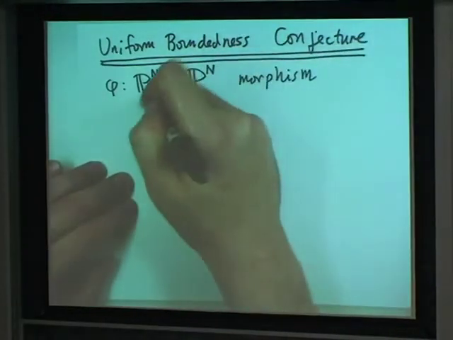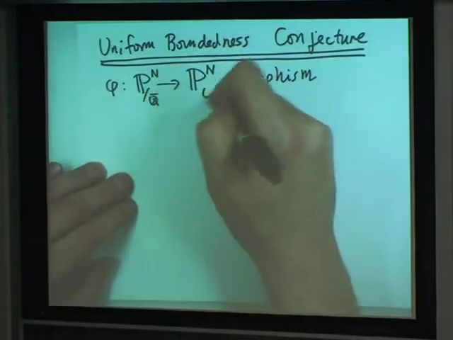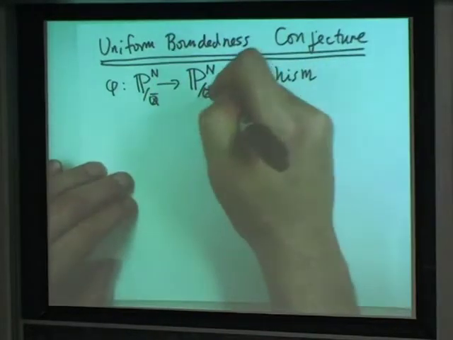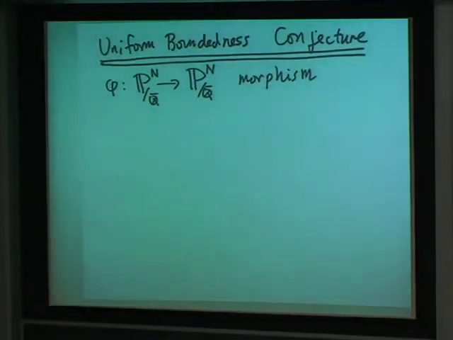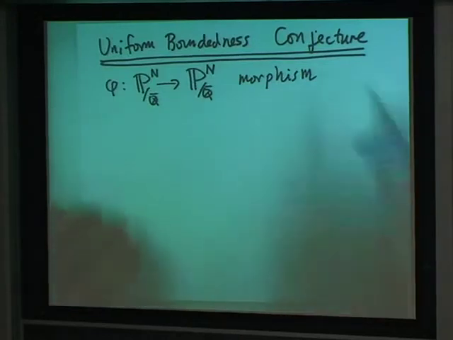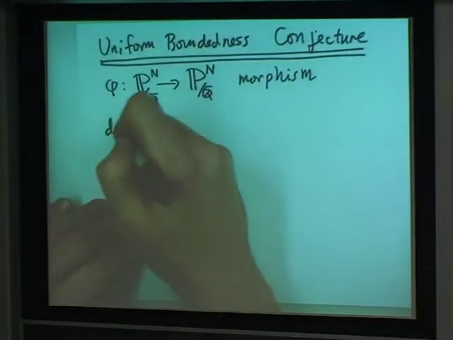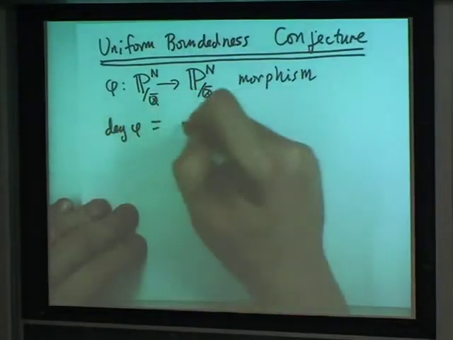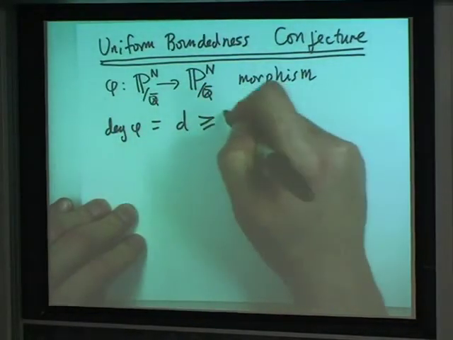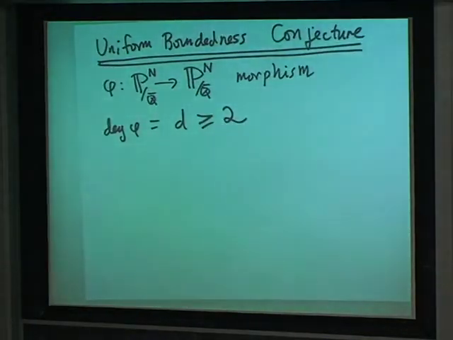And since we want to do number theory, I'll assume the map is given by polynomials with algebraic coefficients. Let's let the degree of the map be d, at least 2, as usual. Just want to get all the notation correct.